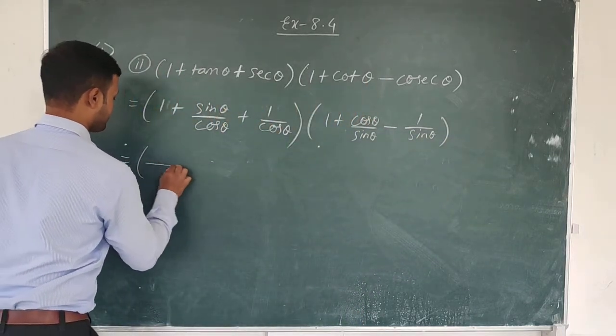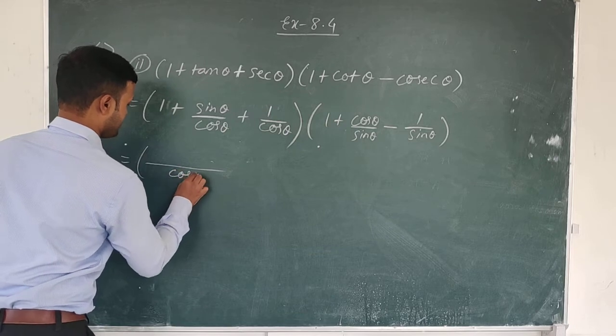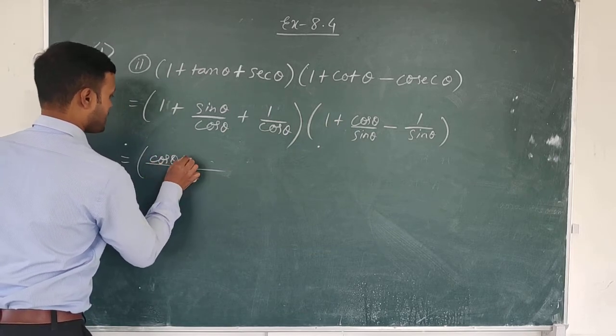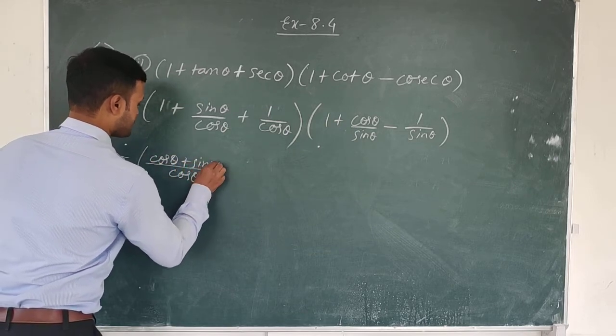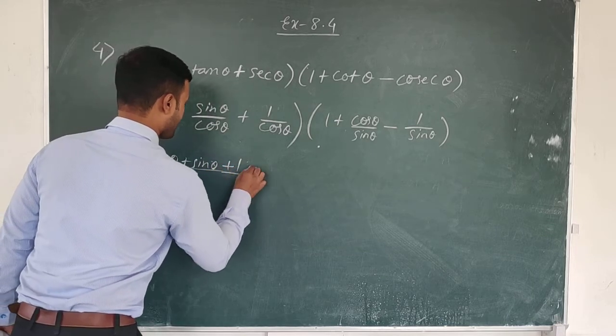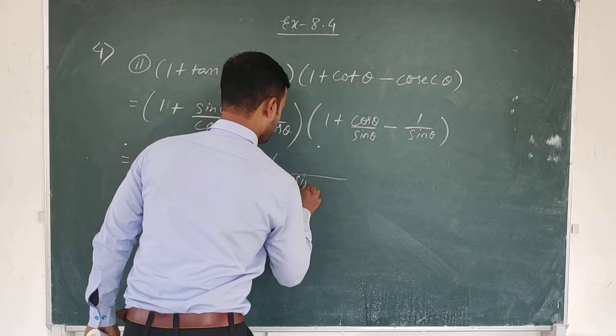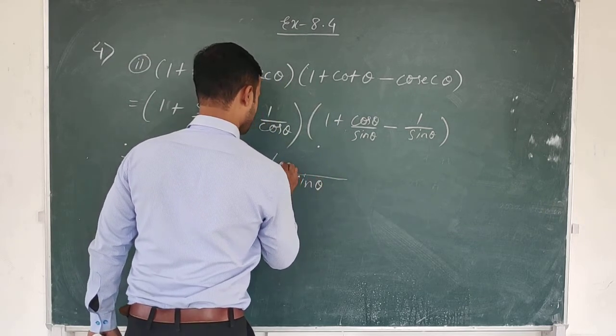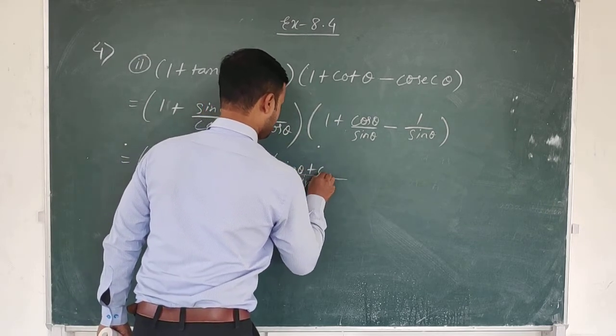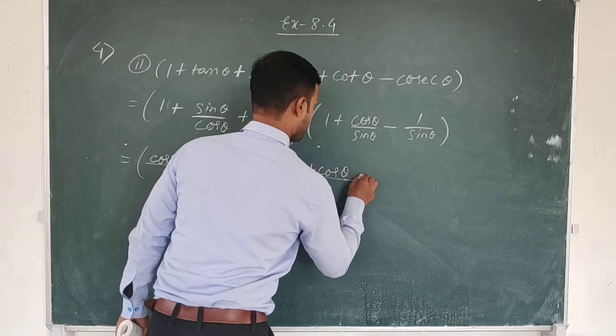So here students cos theta LCM, so I will get cos theta plus sin theta plus 1, and here sin theta, so I will get sin theta plus cos theta minus 1.